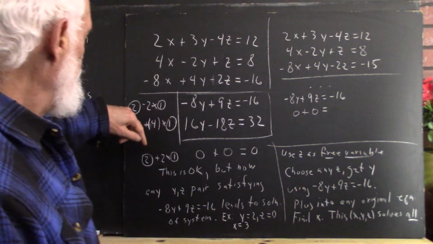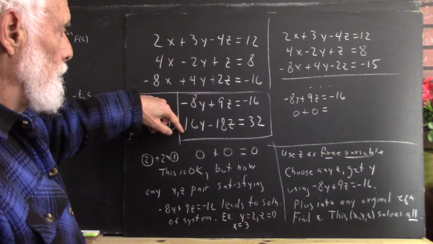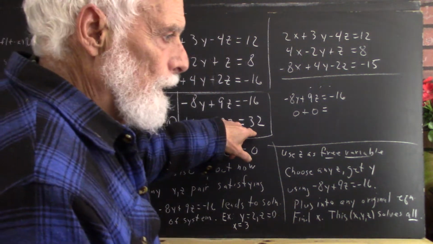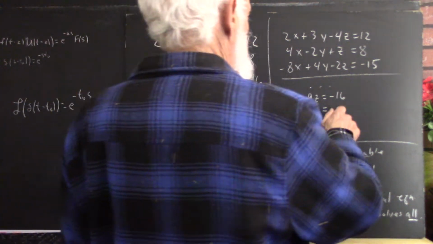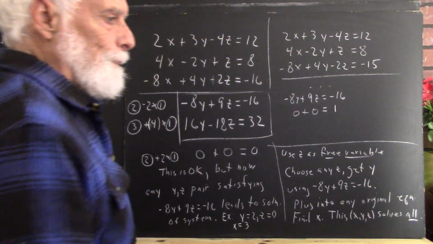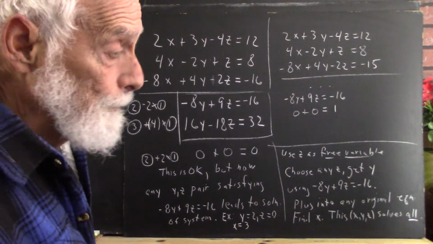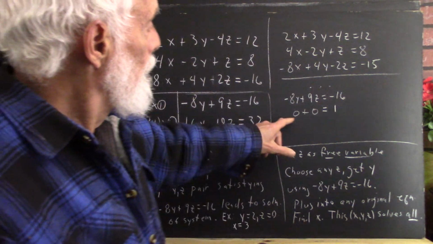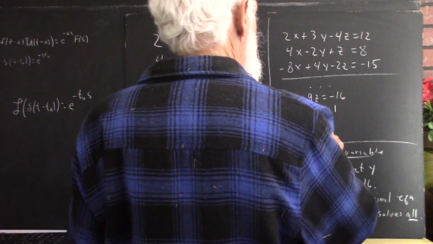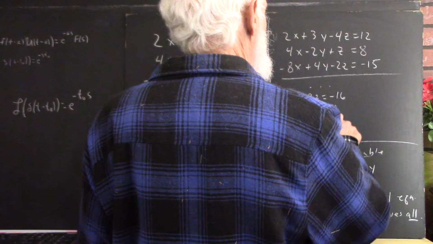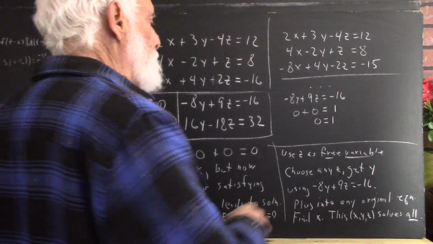Then when we add twice this one to this one, we're going to get 1. Okay? In other words, our second equation is going to be 0 equals 1.